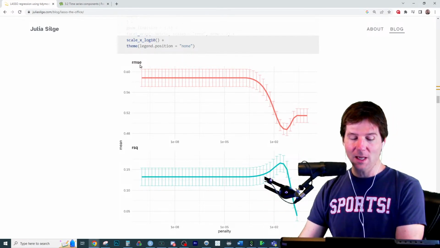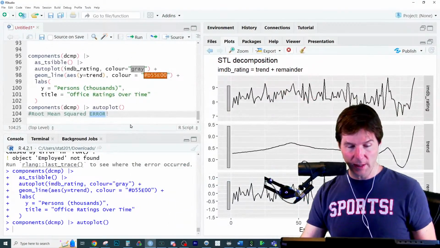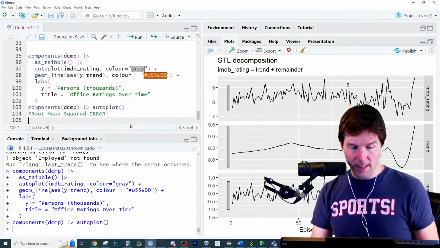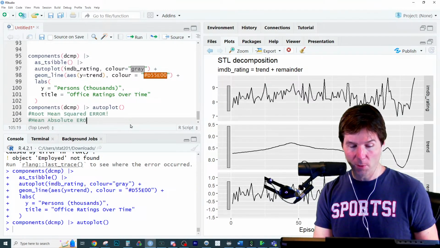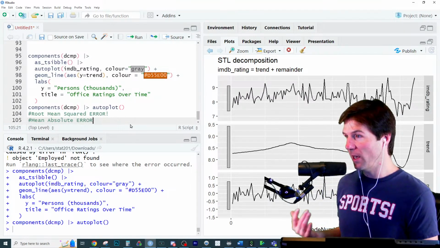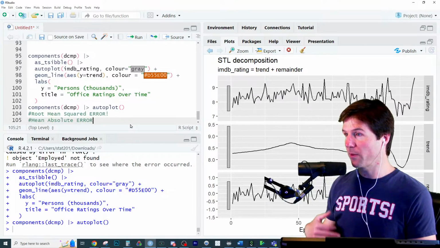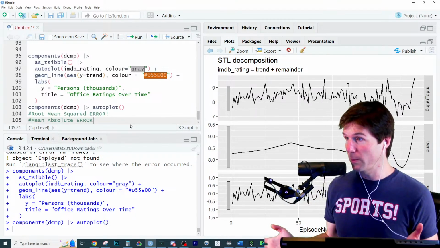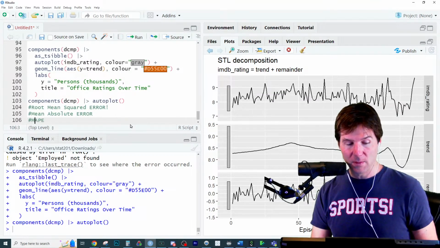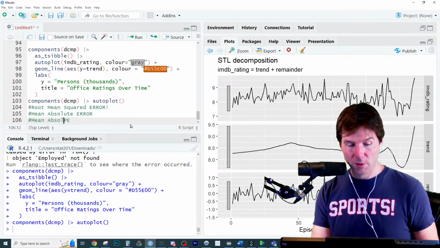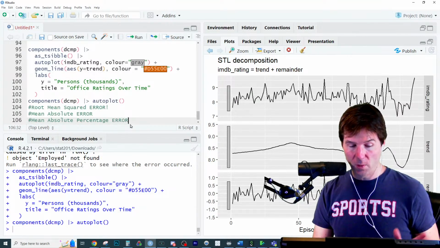And what's neat, if you ever hear terms like MAE, that stands for mean absolute error. So once again, these error measures right here, you want to be as small as possible. If you hear MAPE, that's mean absolute percentage error, so you want that to be small.